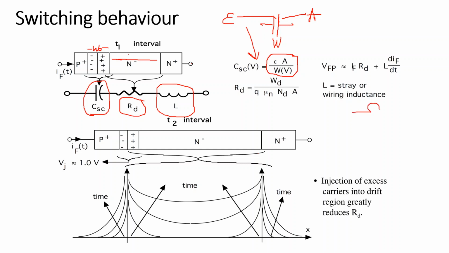So there is an inductance and then there is a diode connected, so that when some switch is turned off, the current through the inductance freewheels through this diode. So many a time a power diode is used as a freewheeling diode.